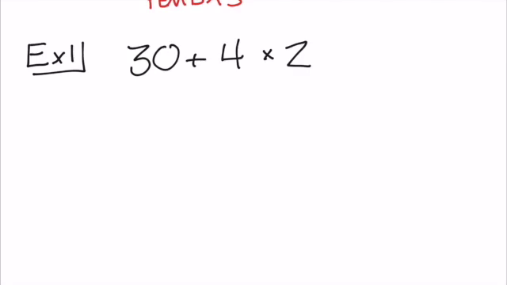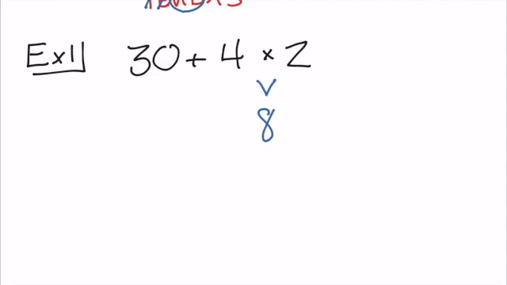So, do we have any parentheses? No. Do we have any exponents? No. Is there any multiplying or dividing? Well, there is. There's multiplying. So underneath the multiplication symbol, I put a little caret or arrow. And I do just that part, 4 times 2, which is 8.